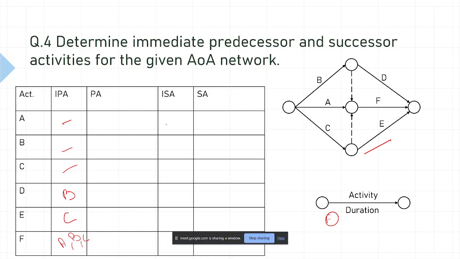For A, this would be F, only F. Correct. For B, it is D and F. For C, again E and F. For D, E, F, there is no successor.